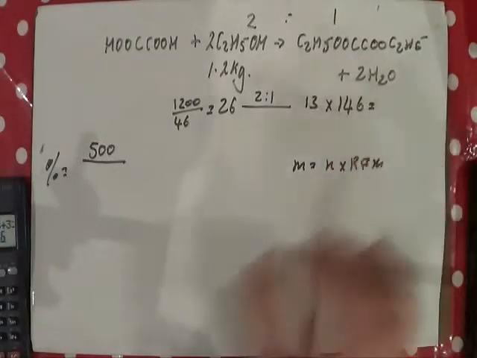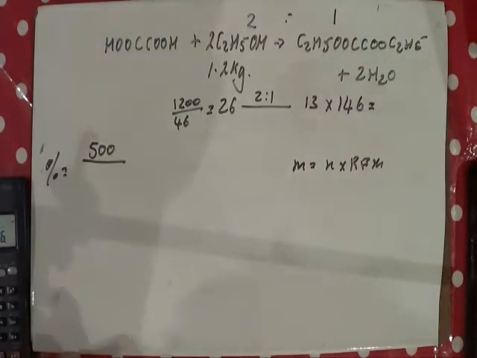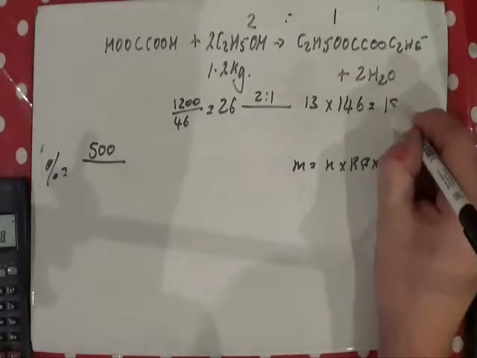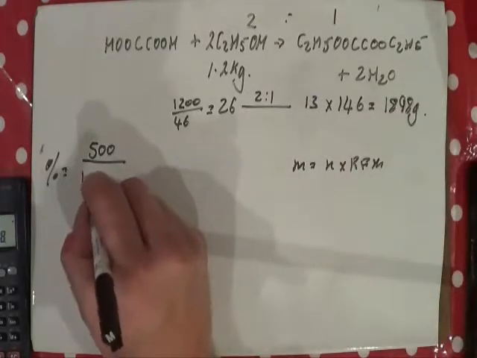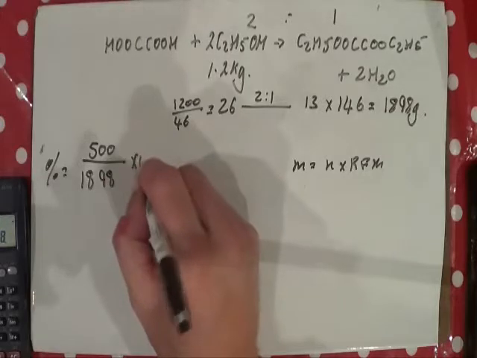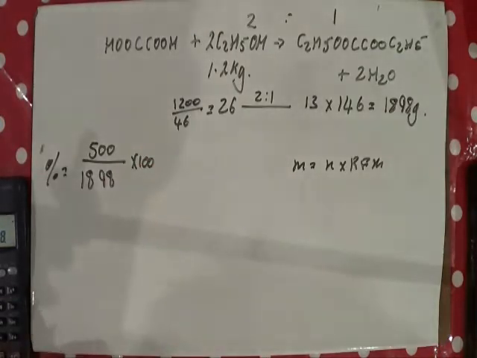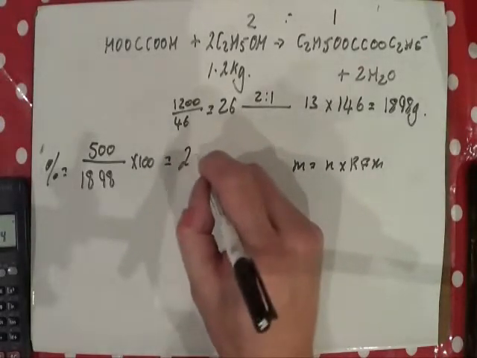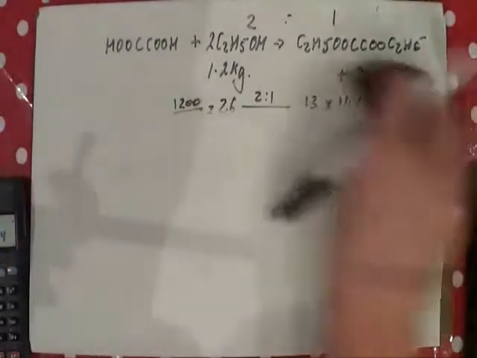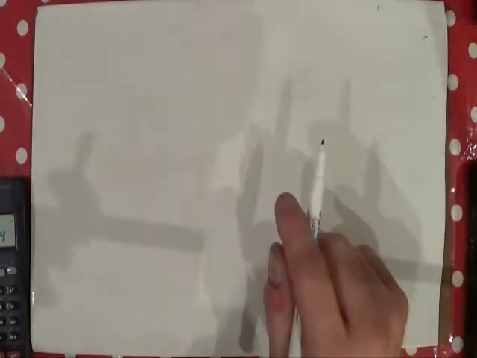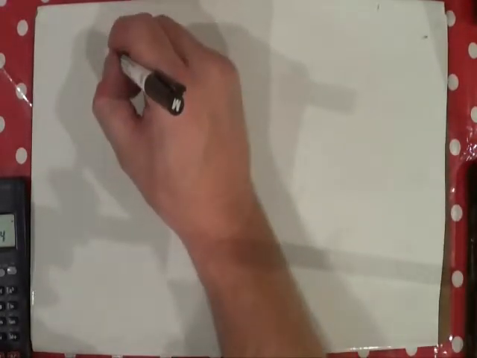So multiplied by 13 gives me 1898 grams. This is my theoretical yield, and that goes down there. We've done the hard part really, and that tells me that my percentage yield is 26.3%. So really it's just a step on from the moles calculations that we were doing in the last section. Right, let's have a look at another one.